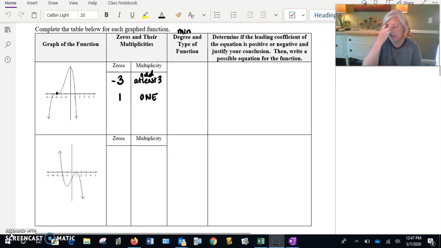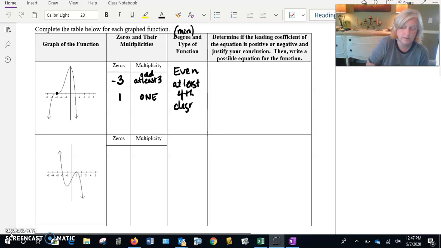So in looking at this, because I have at least a 3 multiplicity 0 and a single, and notice that both ends are going in the same direction, I know that the degree is even and that it is at least 4th degree. Okay. And I think that should be enough in terms of that question. Type of function, if it was a 4th degree, then that would be a quartic. That's not as important to me, but the more important part is that it's an even degree polynomial.